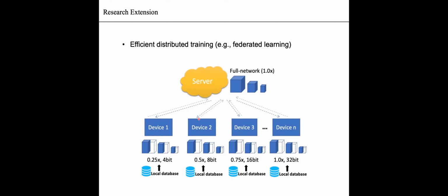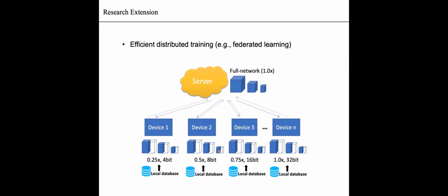Otherwise, it will have to discard this local device, right? Another thing is, since we are sending the weights to the server, the communication bandwidth also plays an important role, right? In some regions maybe you have 5G, but in some regions maybe you only have 4G or 3G. So sending a lot of large model weights also takes a lot of time, right? This is not going to be efficient for federated learning training.